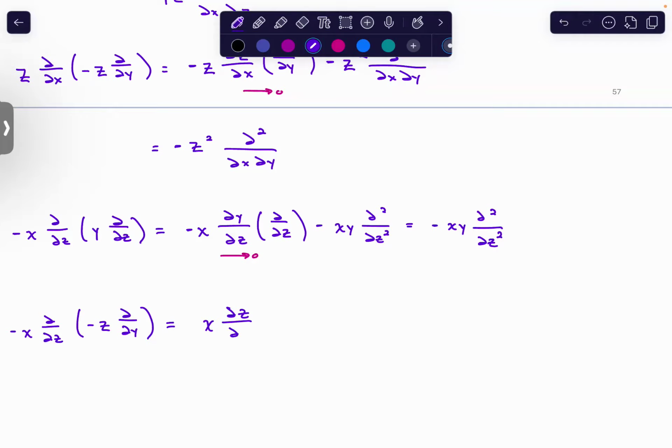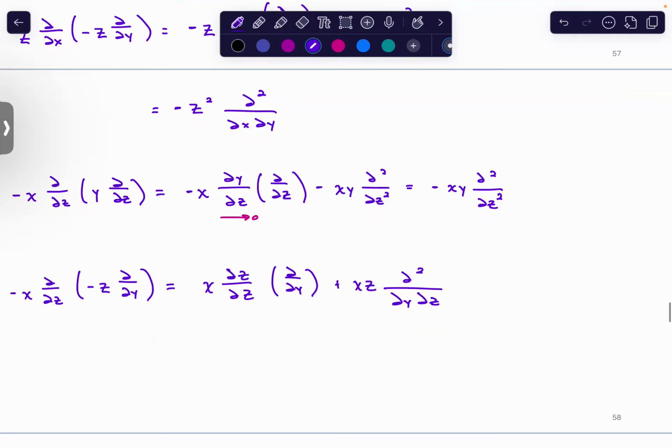Here's our one that's compound 0. All right. And so this in the end will give us X, E, Y plus XZ.